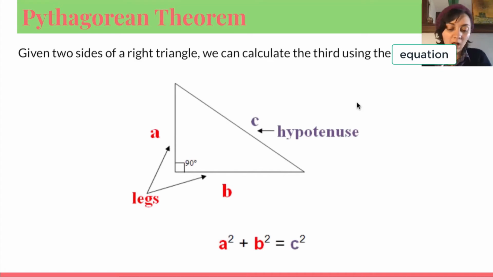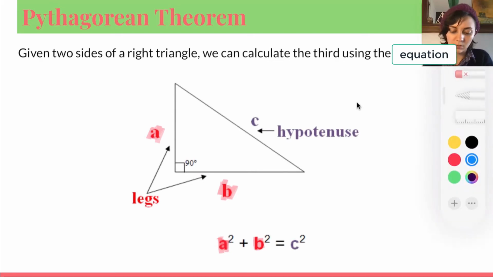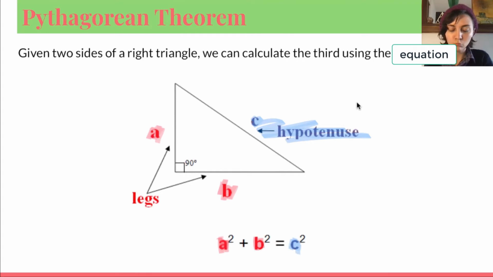And I love the color coordinating on this picture because it's really important to note that the legs are A and B in this case, and those are what you add together. So we square the legs and we add them together, and then they end up being equal to the hypotenuse squared. Okay? And remember, the hypotenuse is always the longest side.